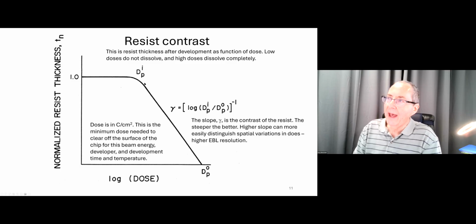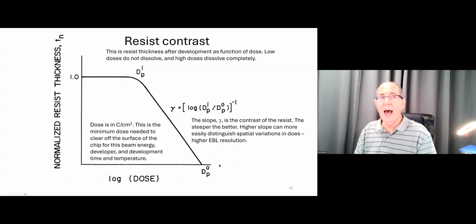The lower the contrast, the much greater difference in dose there is between starting to develop your resist and finally clearing all of your resist. High contrast is better because regions close to each other will have only small differences of energy deposition, of dose.